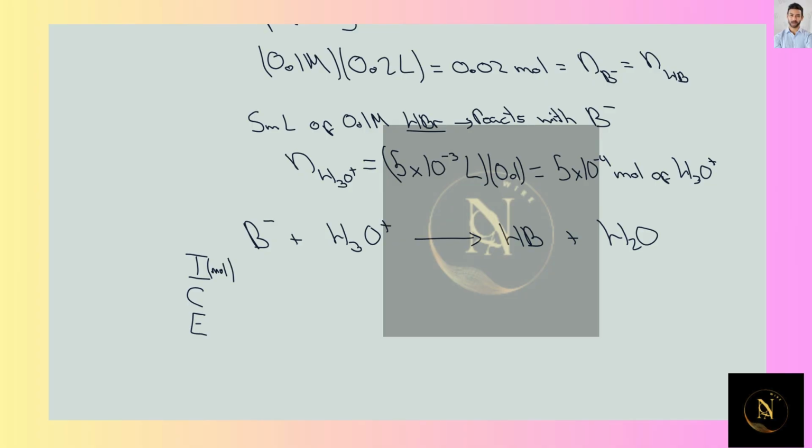Initially, for B minus, we have 0.02. For benzoic acid, we have 0.02 as well. And we are going to add 5 times 10 to the minus 4 of acid to our solution, so the acid is going to be my limiting reagent.